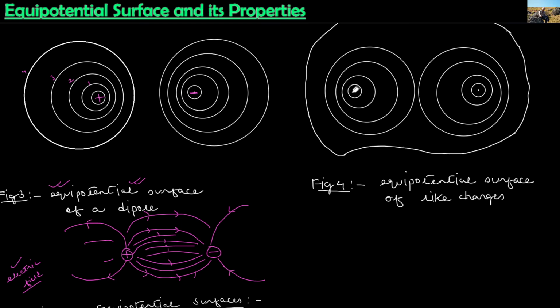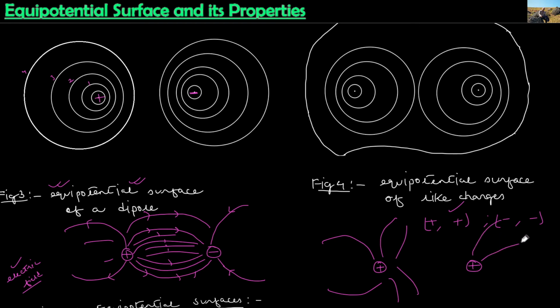Now, when you have a system of like charges, a positive charge and a positive charge, or a negative charge and a negative charge, if I draw the direction of the electric field lines, they will be in this way.